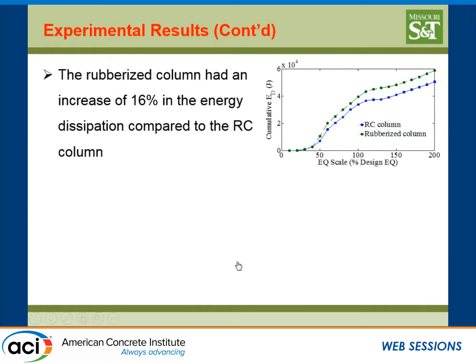Starting from 50% at the beginning, there is no damage, so you don't have too much difference. But starting from about 50%, you would see that consistently the reinforced concrete dissipates smaller energy compared to the rubberized one. And at rupture, when we start rupture over here, we have a difference of about 16% of energy dissipation between the rubberized and the conventional concrete one.